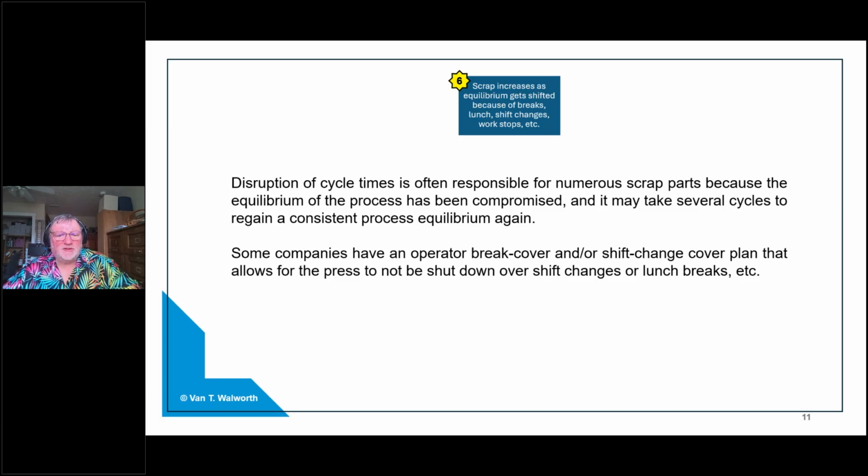Sometimes there were parts that got stuck in the press, and so the press was open for a longer period of time than normal during an equilibrium cycle, to try to get some parts out, or we had to clean a particular cavity because some rubber got stuck somewhere, or there was a sensor or something that stopped the press from being able to just run again in cycle. We had to wait for maintenance to come and tweak the sensor, or something to the process controls, do something to the press. But the point is, the normal cycle that had established an equilibrium in temperature and pressure got disrupted.